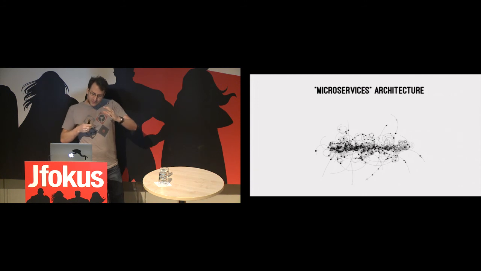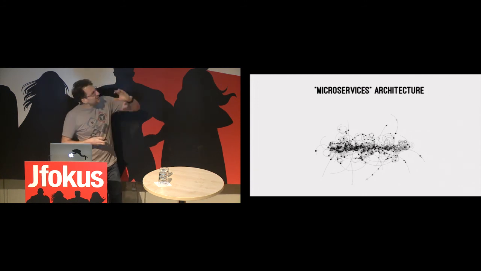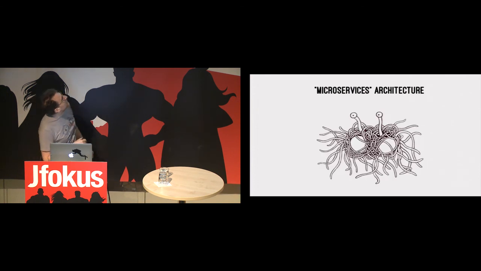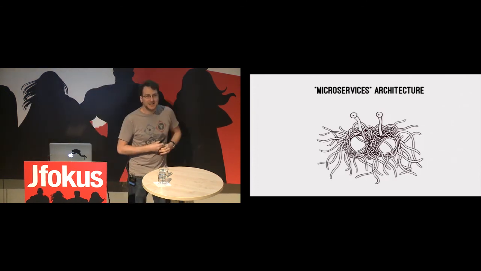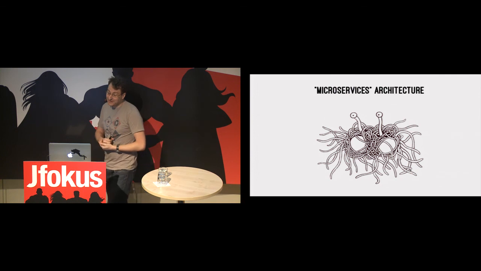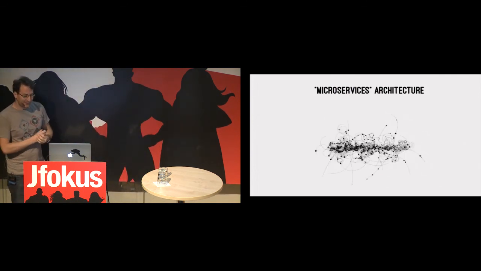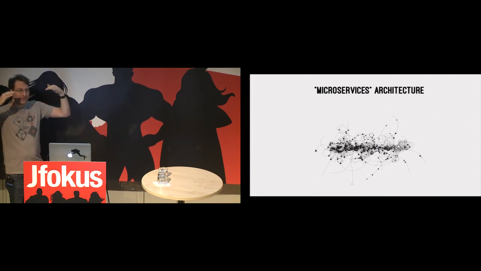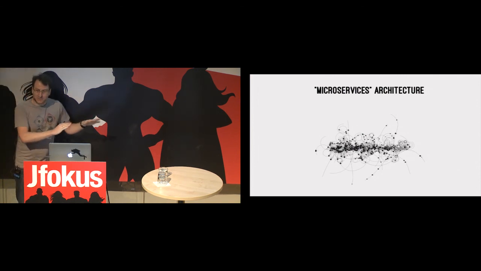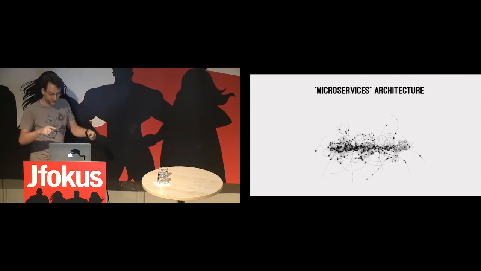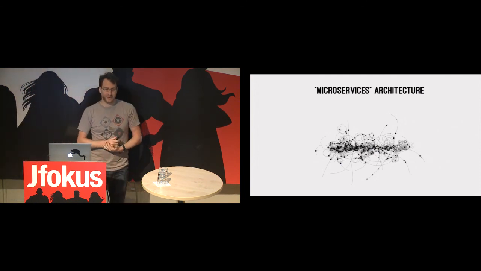And if you look closely and really focus on this image, you can sort of see the emerging pattern of this flying spaghetti monster in your microservice architecture. I think microservices is a nice thing when you have reached a certain size of development team. If you have a small development team, maybe don't go there, because you're adding a lot of complexity. Suddenly the complexity is in your arrows.